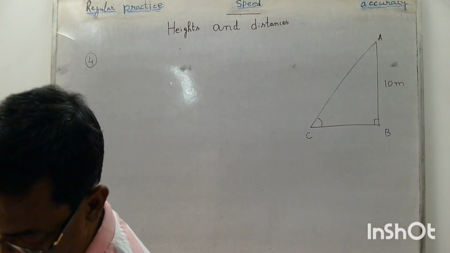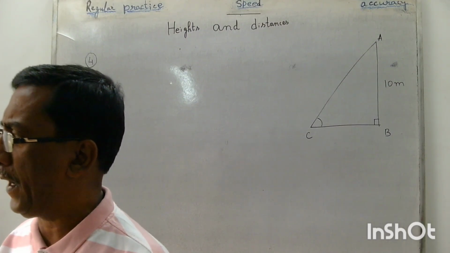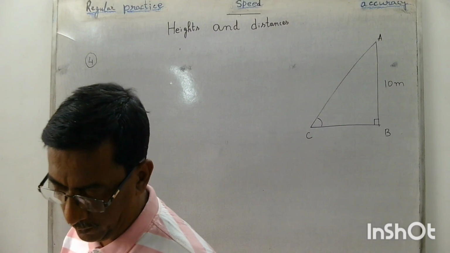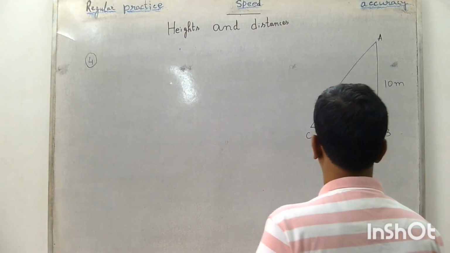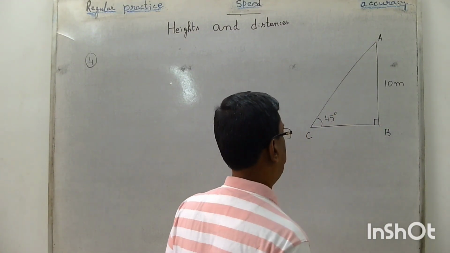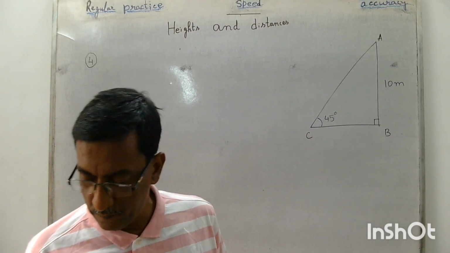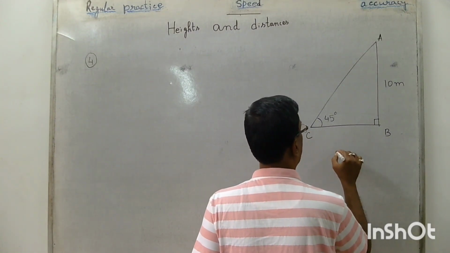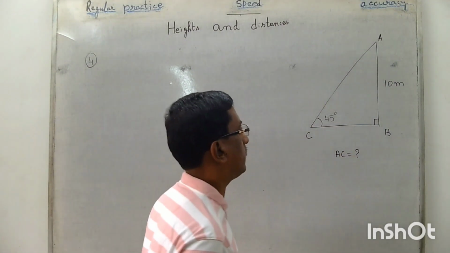The steel wire is affixed at a point on the ground to keep the pole upright, and the wire makes an angle of 45 degrees with the horizontal through the foot of the pole. This is 45 degrees. The question is, find the length of the wire. That means AC. We have to find the length AC.